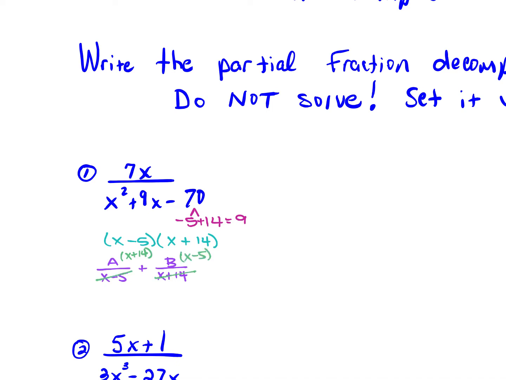Cancels out your denominators. You set this equal to the original numerator. So that means that this is going to be a times x plus 14 plus b times x minus 5 is equal to 7x. If we're not solving it, this is your answer.